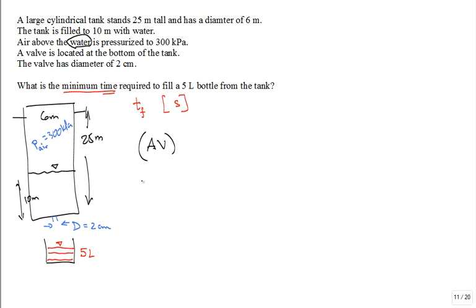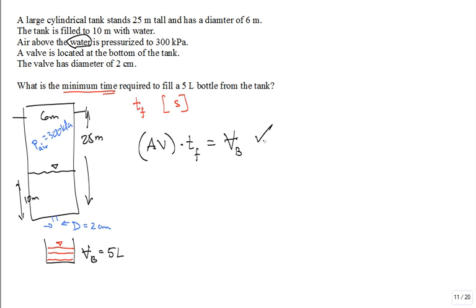But if I am able to calculate the volumetric flow rate, I multiply that times the time to fill the tank. That will give me the volume of the tank or bottle. Maybe I should put this as bottle B, volume of B. So 5 liters, the volume of the bottle is 5 liters. Sometimes it's grappling with what symbol and subscripts do I introduce for everything, right?